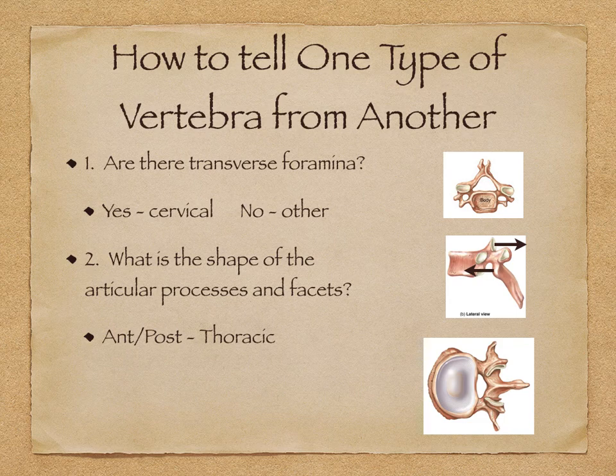They face distinctly posterior and anterior, whereas in the lumbar, they face medial and lateral. So there are some very, very distinct ways to tell one vertebra from another. So that takes care of the 24 vertebra from your skull all the way down to your hip.